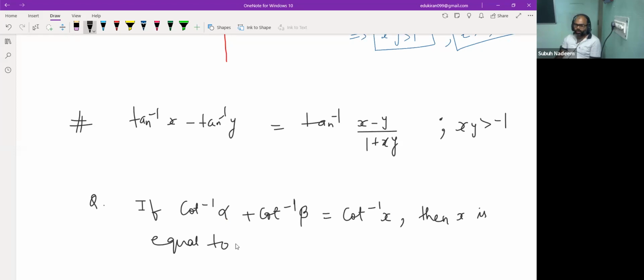Don't be so concerned about the conditions. You can directly apply the formula, but with some change, because here it is cot and you know the formula for tan. So first change it into tan and then apply.